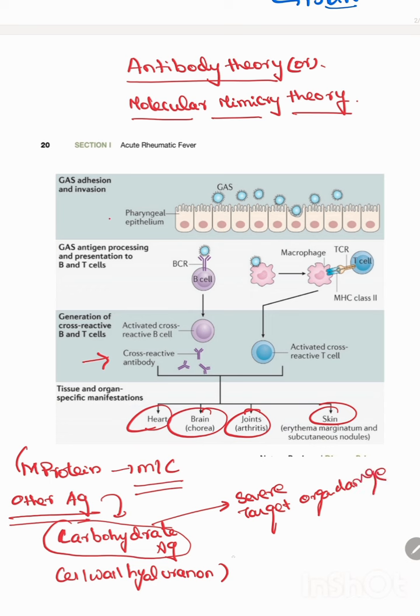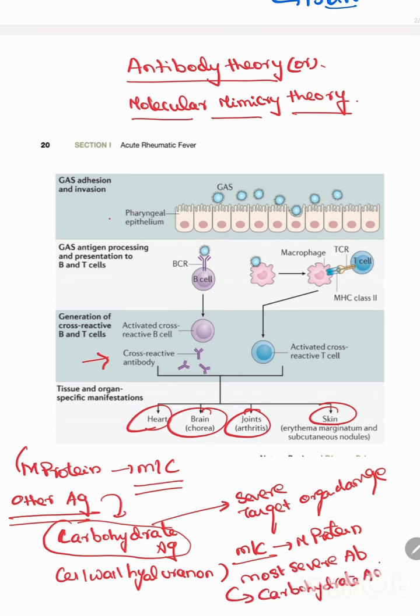So the most common antigen against which antibody is formed is the M protein, and the most severe antibody, which causes severe target organ damage, is the antibody targeted against the carbohydrate antigen.